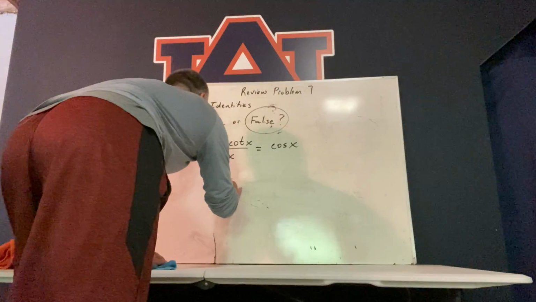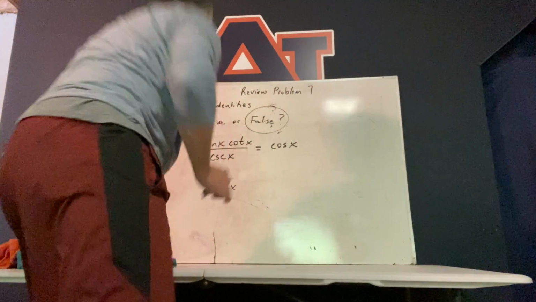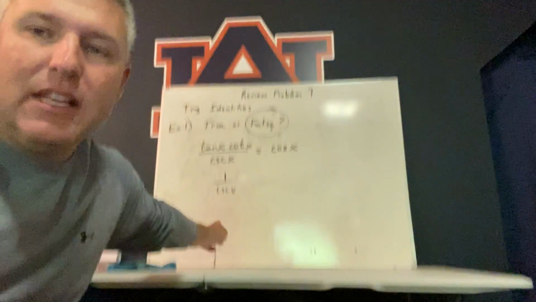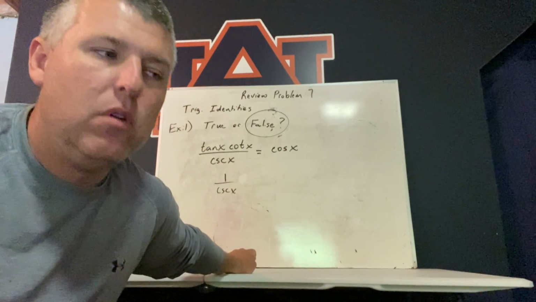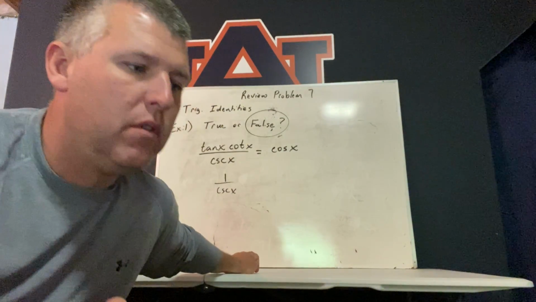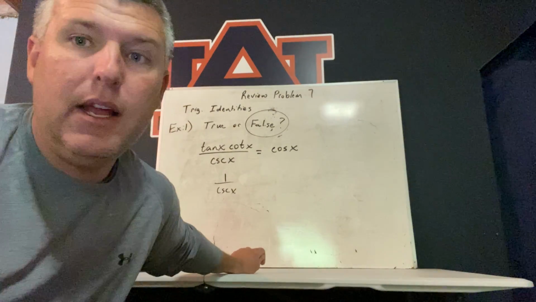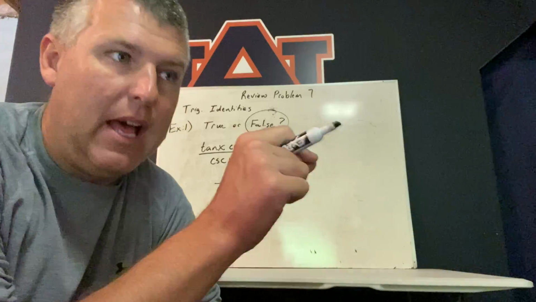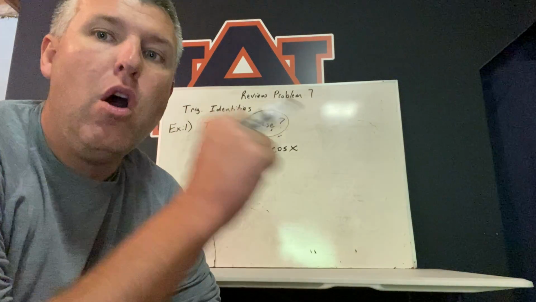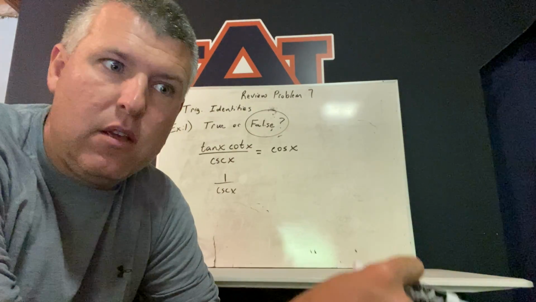And so it's 1 over cosecant. What is 1 over cosecant equivalent to? Same thing as sine. Remember? Sine is equal to 1 over cosecant.